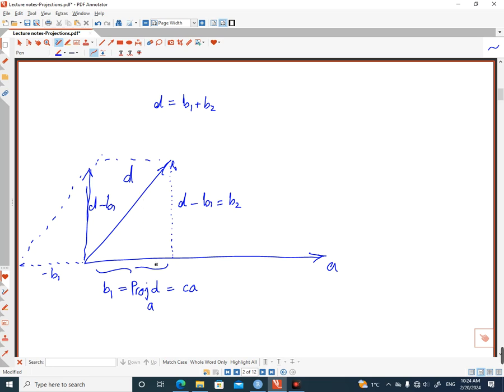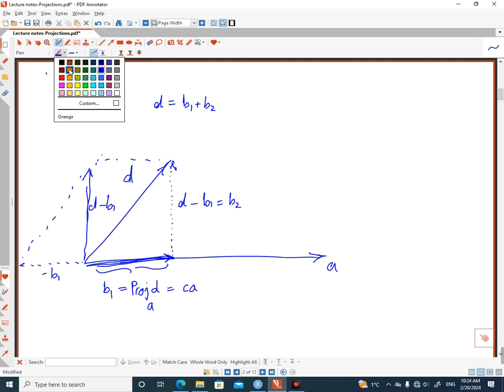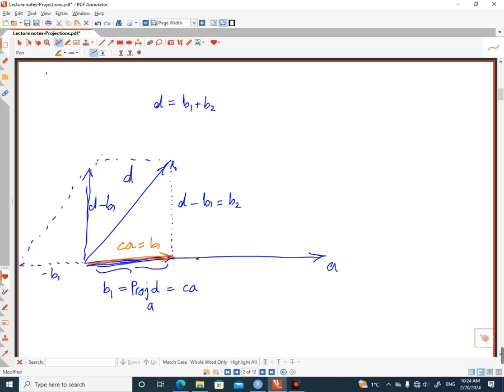And of course this vector here, let me use another color for more visibility. This vector, which we call CA or B1, is actually part of the A vector, so it's proportional to A, where this proportion C can be obtained, and in the theorem we obtain it.